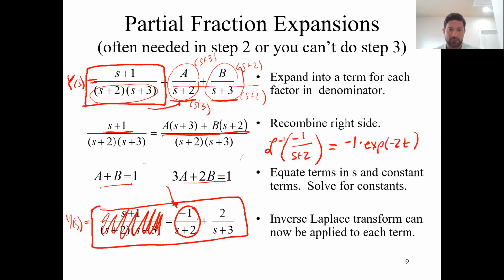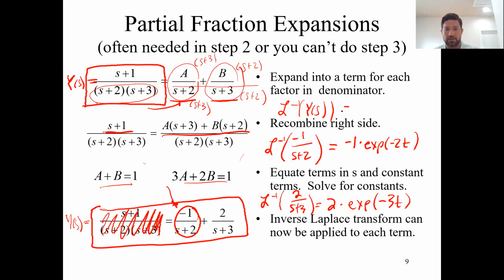Then the inverse Laplace of this one is going to be the same. So the inverse Laplace of 2 over s plus 3 is going to be 2 times e to the -3t. And the inverse Laplace of y of s equals y of t.